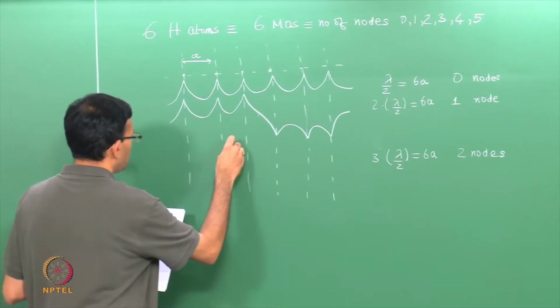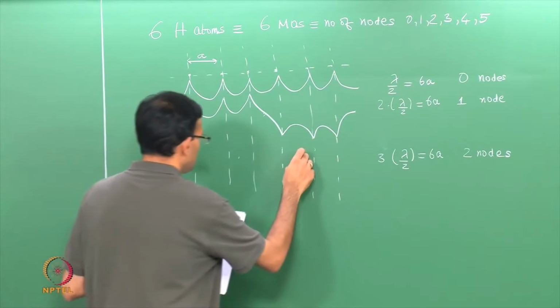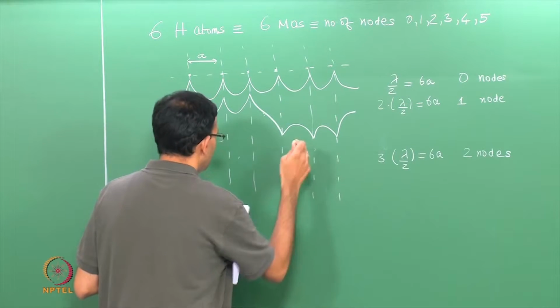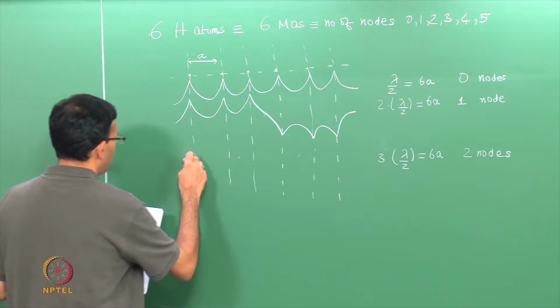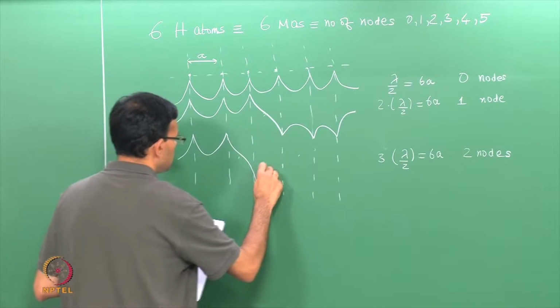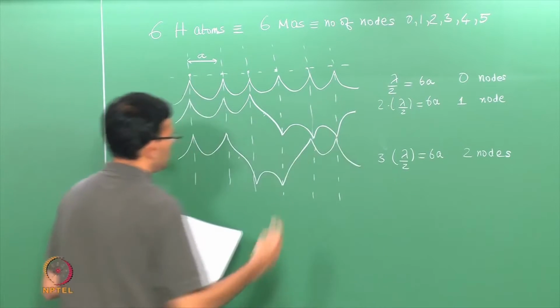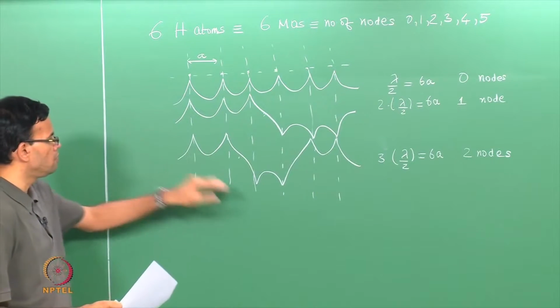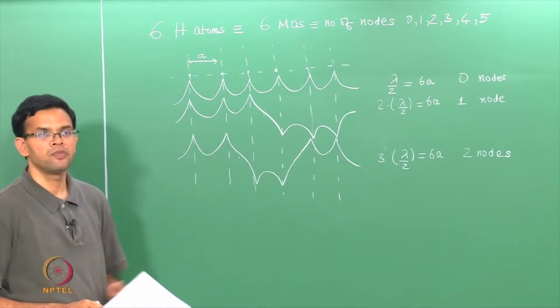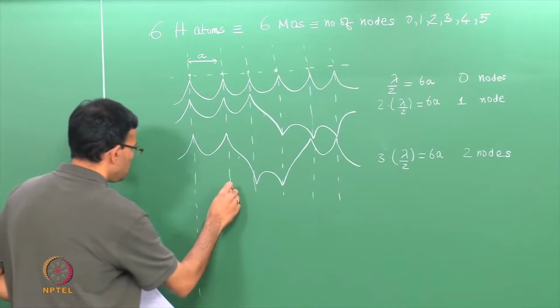The nodes are located here and then here, and then we can draw the wave functions. So, we have 2 up, 2 down and 2 up, so that overall we have 2 nodes. Let me just extend this down.